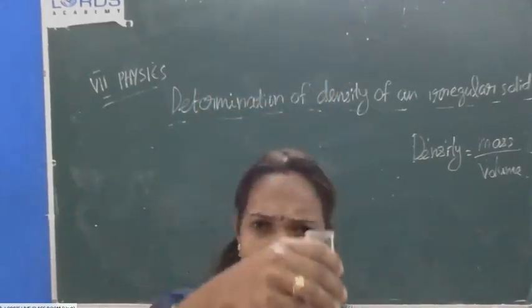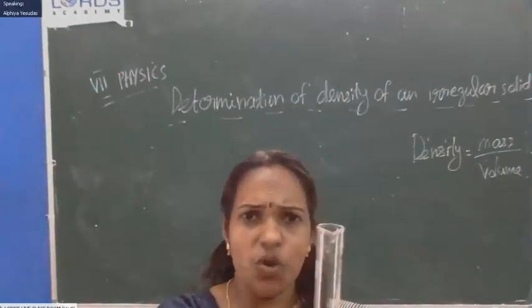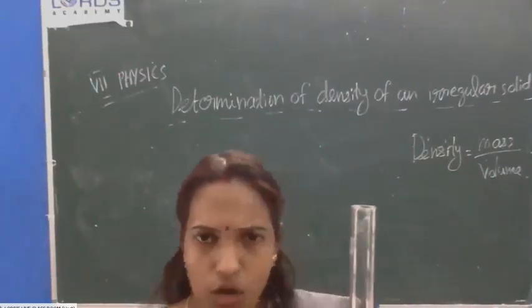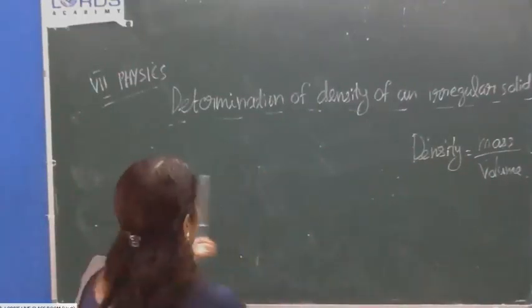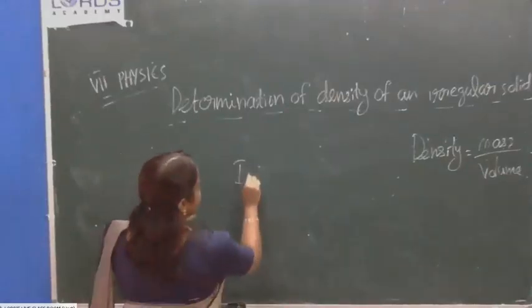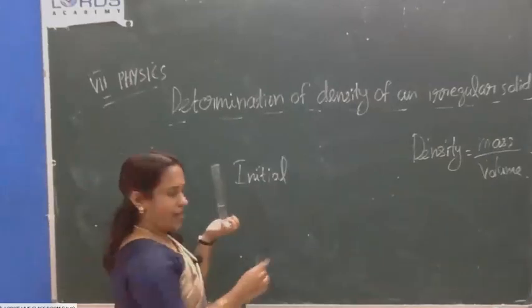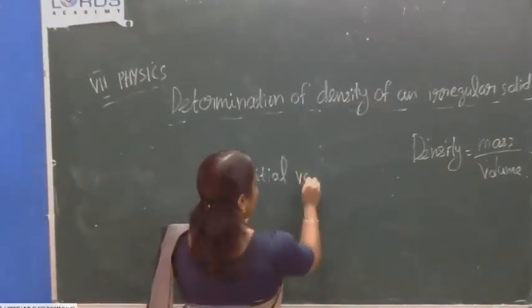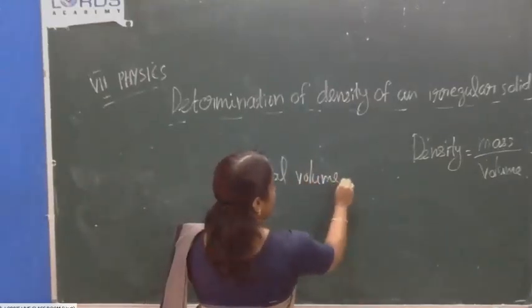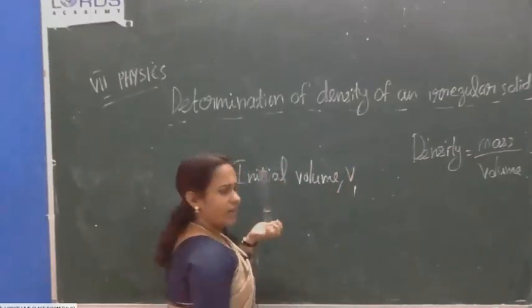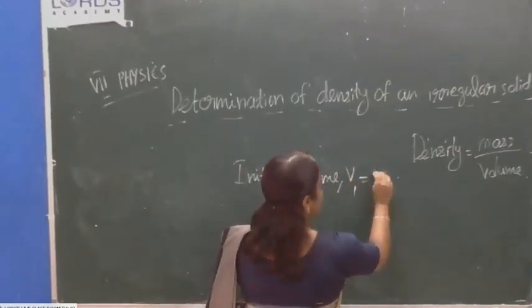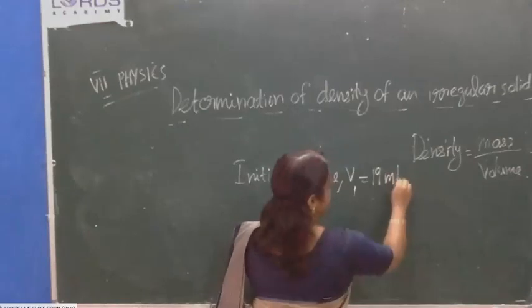90. We will not add any water or take any out. So, as we said, I am writing this as the initial volume. Initial means in the beginning. Initial volume V1 is equal to 90 milliliter.